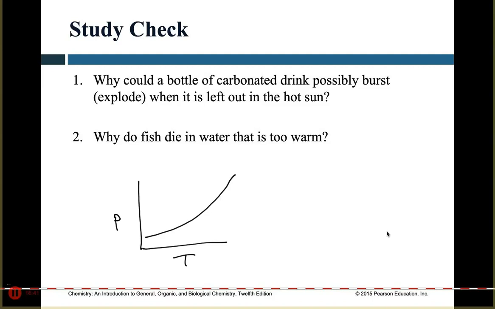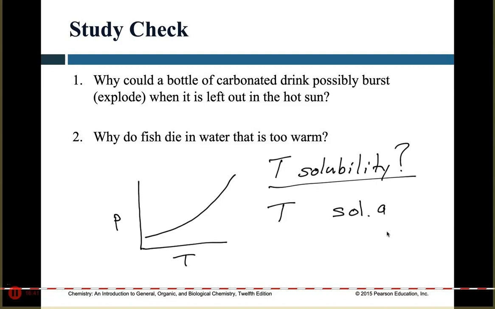When we're talking about what affects solubility, temperature effects on solubility, we know that as temperature goes up, the solubility of a gas dissolved in solution goes down. So why is that the case? Well, the pressure of the gas is increasing, and so it's going to force itself out of solution.